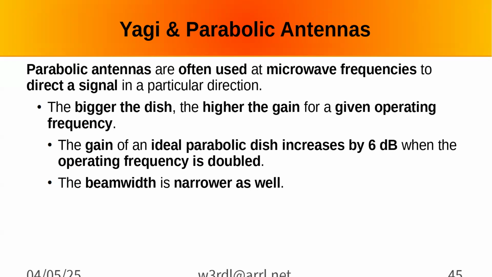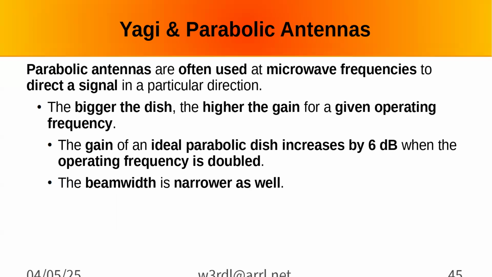Also, for a given dish size, if you increase the frequency, you get a 6 dB gain for every octave of frequency. So if you double the frequency, the gain goes up by 6 dB. Same dish. With the same size dish.